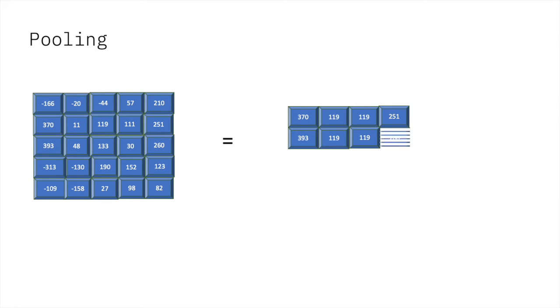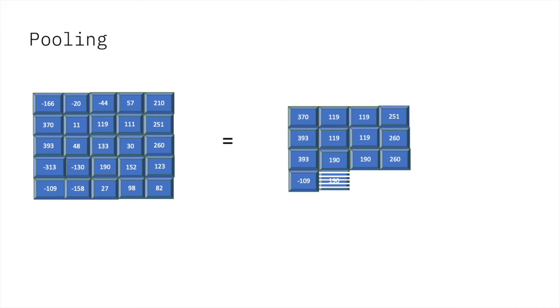Pooling is the process of summarizing the features within a group of cells in the feature map. So you take the output from convolution and you apply pooling to it. The summary of cells can be either by taking the maximum or minimum or average within a group of cells.